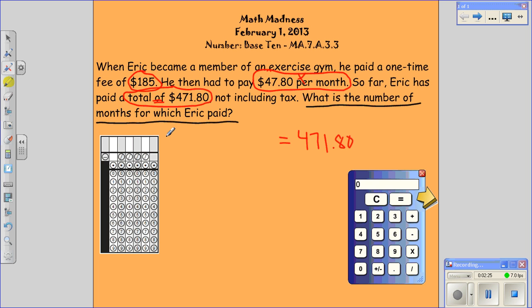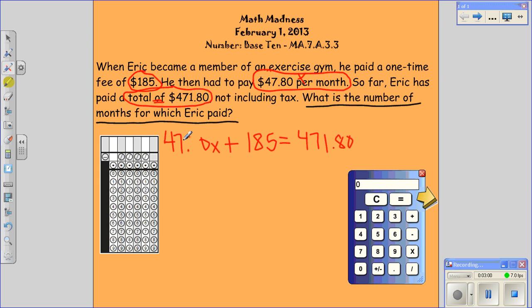So that means we're going to multiply $47.80 times X. And then this last part says that he had a one-time fee of $185. So we're going to add that $185. Okay? So now we actually have a two-step equation.